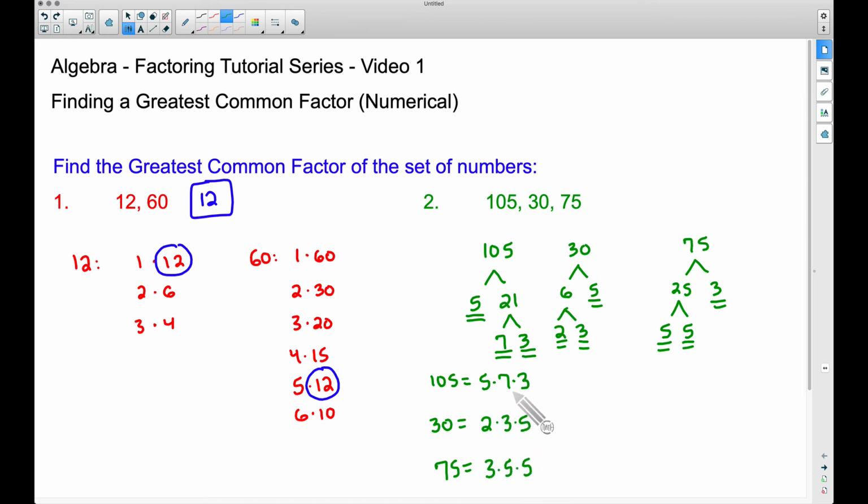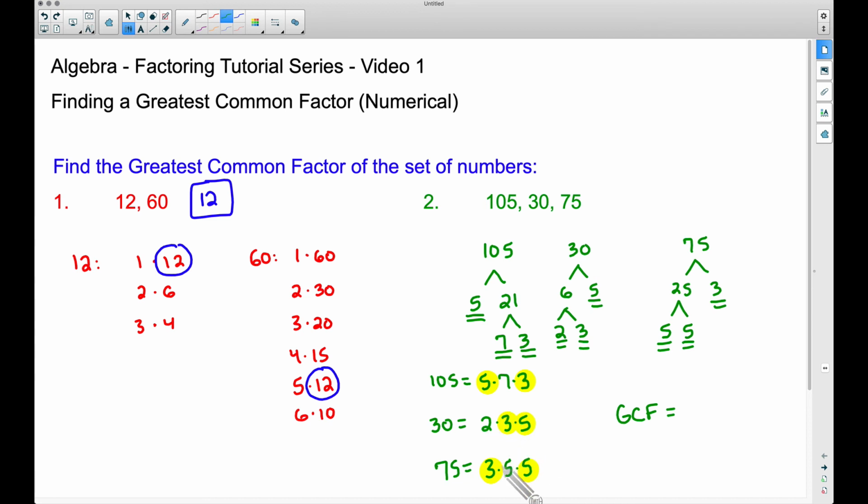Now that we have the prime factorizations of 105, 30, and 75, look at the prime factors and let's highlight or circle anything they have in common. They all have a 5 in them, right? They all have a 3 in their prime factorizations. So a 5 and a 3. The GCF will be the product of the things they have in common.